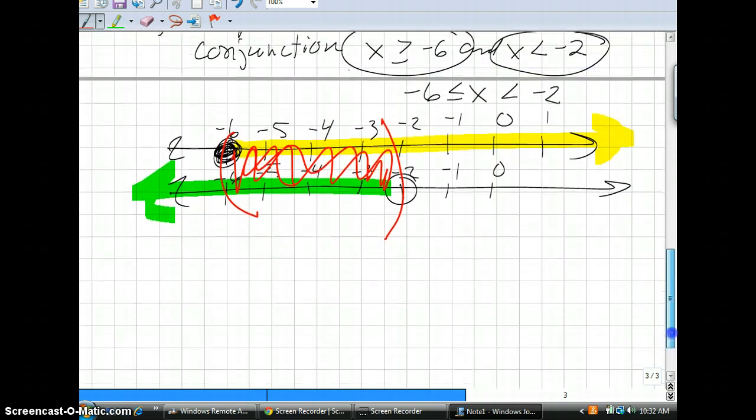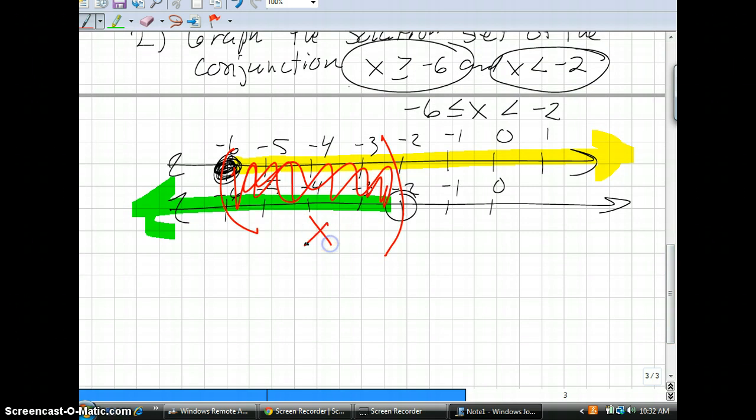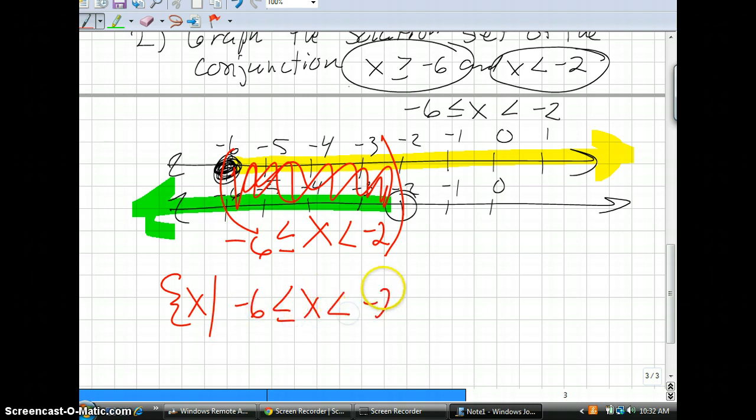So x has to be between negative 6 and negative 2. It's going to be greater than or equal to negative 6 and less than negative 2. So our solution is all x such that x is greater than or equal to negative 6 and x is less than negative 2. That's our solution.